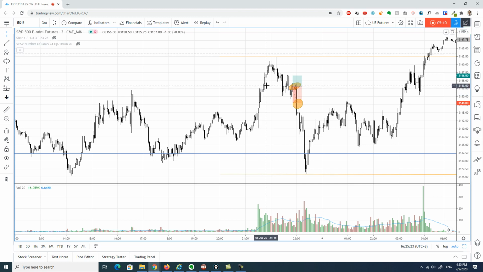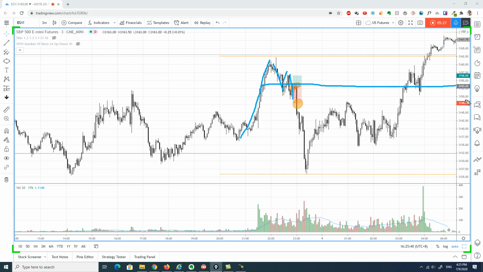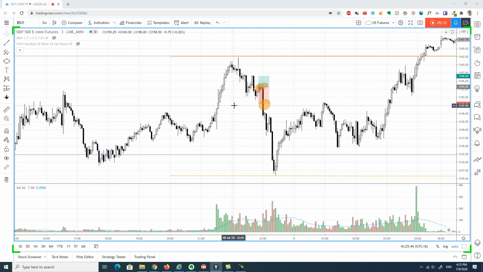Right after this sign of strength rally, we have a reaction down, followed by another small rally, and then another test here. All of this happened around the 3153 level, which is nice and in line with what I anticipated. Hence, I got into the trade on the long side.